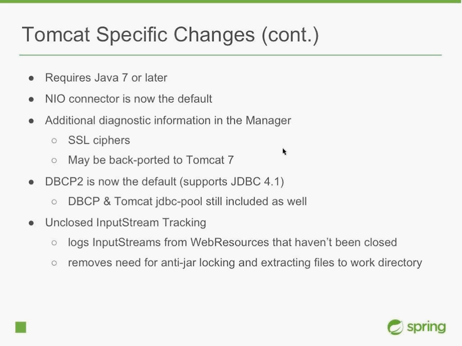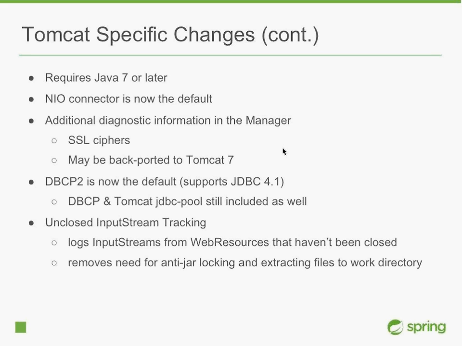Additional changes now, as Dan mentioned, Tomcat 8 container requires Java 7 or later. The NIO connector is now the default. The non-blocking IO connector is the default. Information in the manager, the JMX APIs have been cleaned up and are a little bit more descriptive. Some of that may get backported to 7.